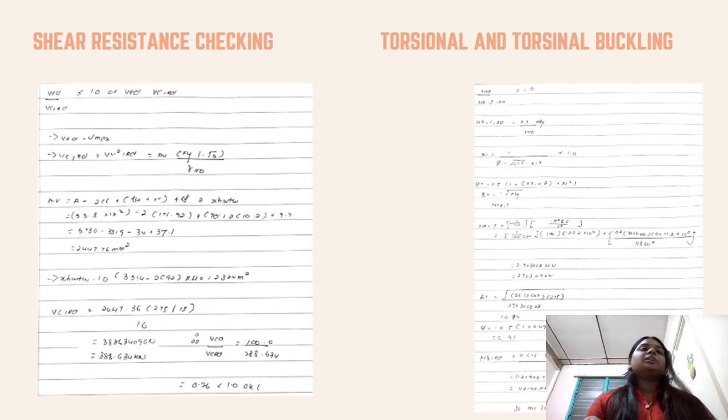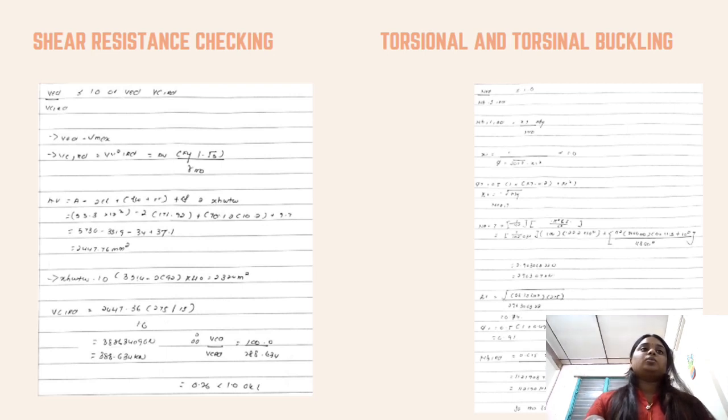N_cr,T equals 1 over i0 squared times (G times I_t plus π squared E I_w over L squared), with the section values 22.2 times 10 to the power of 1, 2100..., and 4800 to the power of 2.